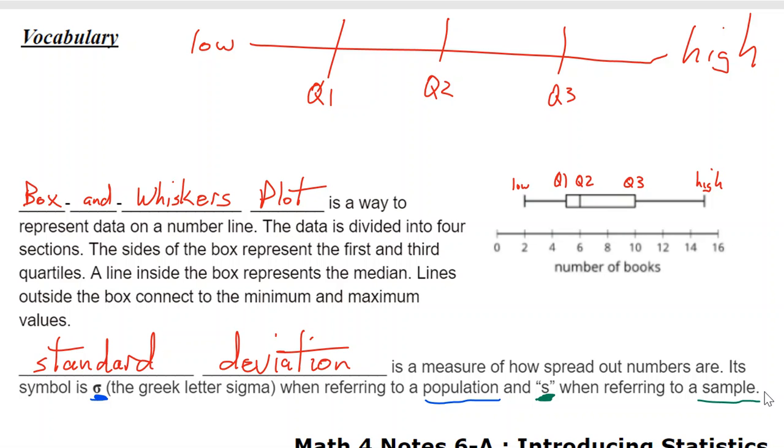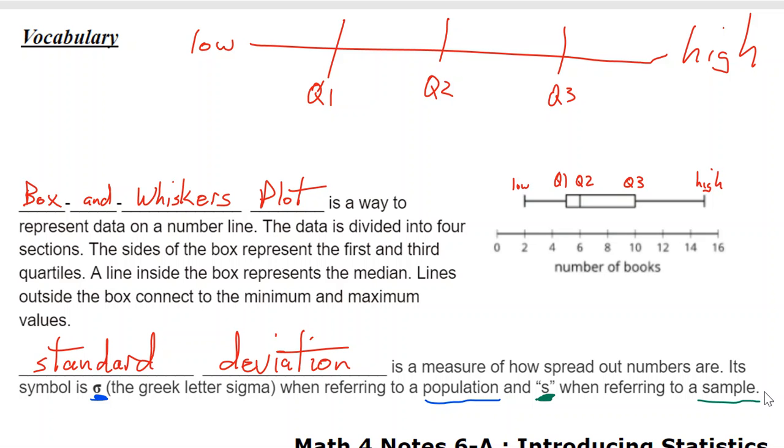The bell-shaped curve, right? Where the hump in the middle represented where the average person is. If you are doing a standard deviation that covers the entire population, then you're going to use the Greek letter sigma. And when you go out from the median and you go out 1 standard deviation or 2 standard deviations, you're going to use 1 sigma or 2 sigma.